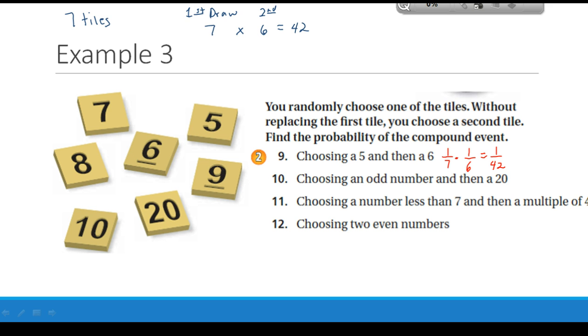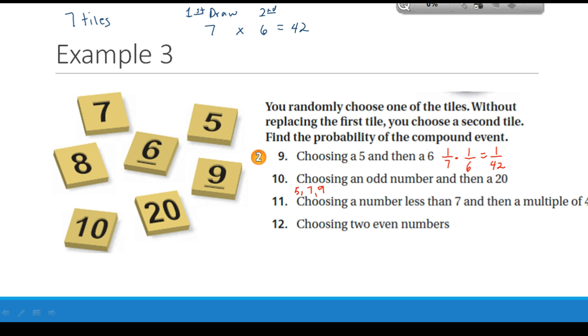Okay, number 10, choosing an odd number and then a 20. Okay, so our odd numbers, let's make some little notes for ourselves here. Our odds are 5, not 6, 7, not 8, 9, and not 10 or 20.